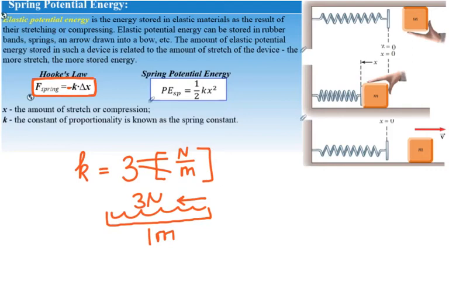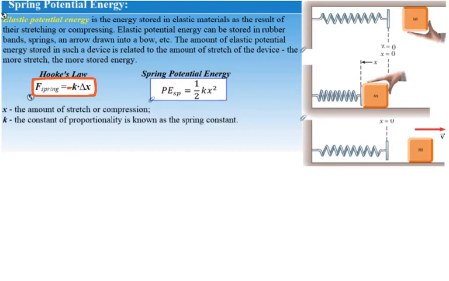And also, when you stretch the spring and attach the block, like you see in the picture on the right, the spring is given some potential energy. Potential energy means it is able to do work. So if that spring goes back to equilibrium, the block is going to have some kinetic energy.